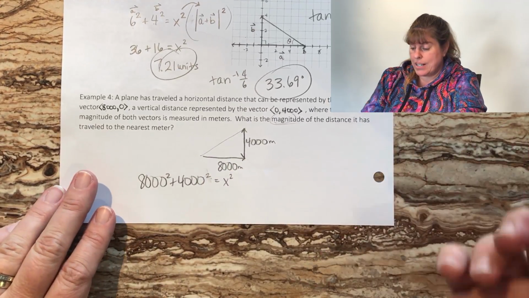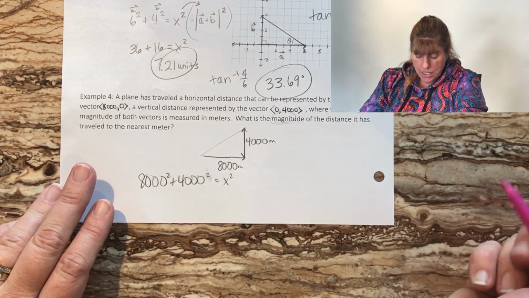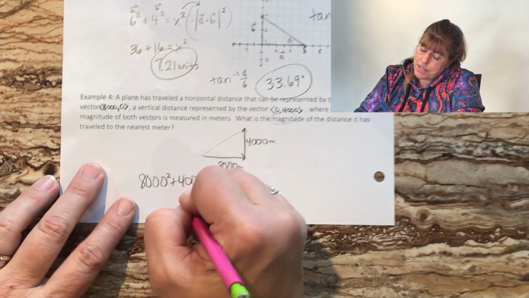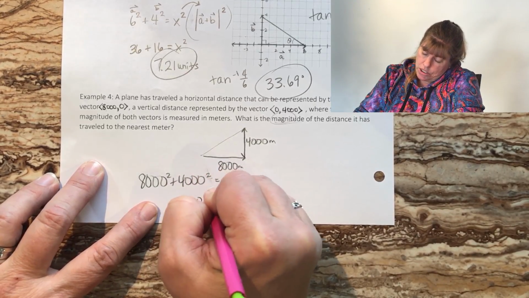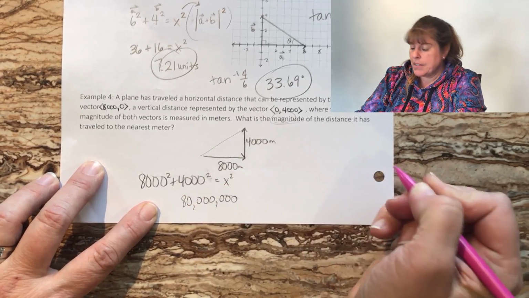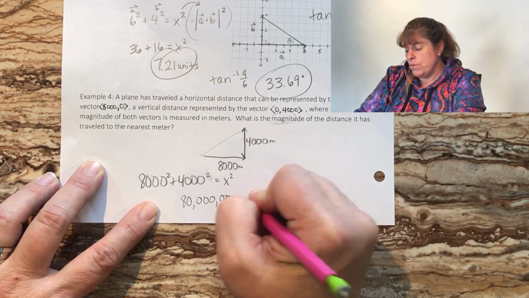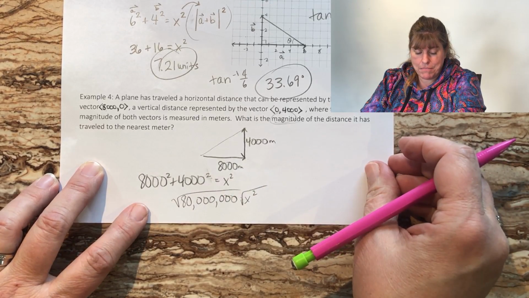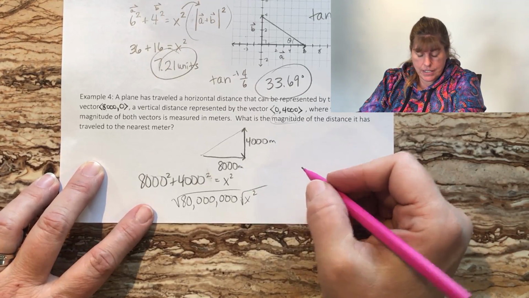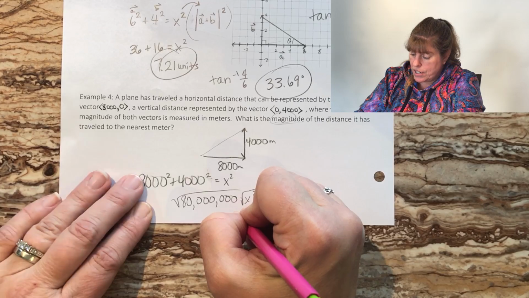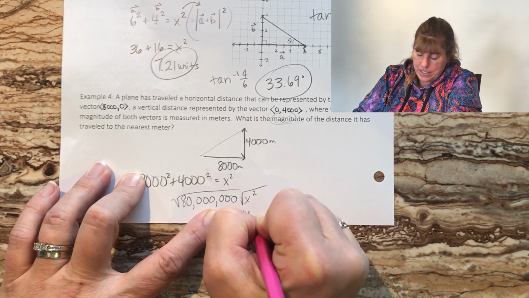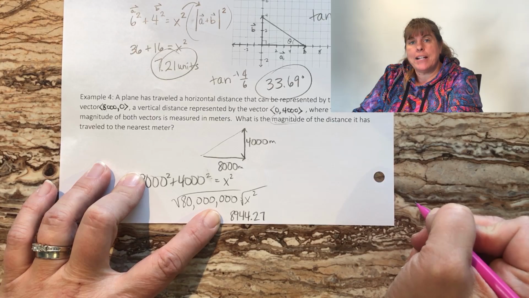So 8,000 squared is 64 million, and 4,000 squared is 16 million, and added together that becomes 80 million. We're going to take the square root of both sides. The square root of 80 million you will find on your calculator is 8944.27. Is that my answer?